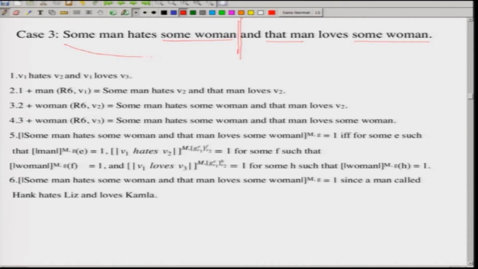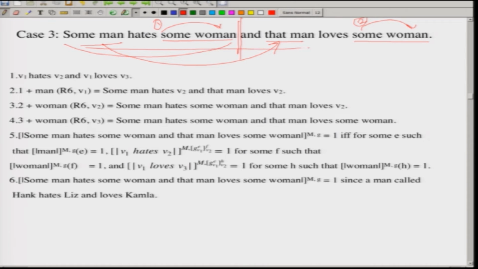So, this some binds this, and this some binds this, but these are 2 different bindings. This some man goes across and it goes after that.